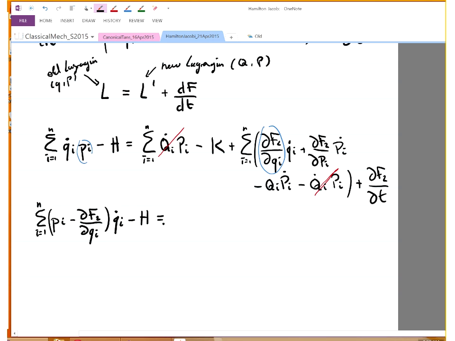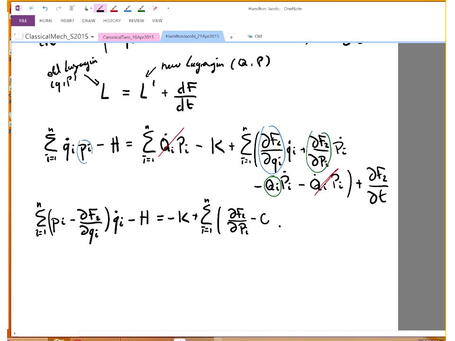And then on the other side of the equation, I'm going to do the same thing, but now I'm going to factor out the terms in Pi dot. So I have my minus K. I'm just going to leave that there as it is. Then I have the sum from i equals 1 to n. So it's plus. Okay, so the Pi dots, I have a ∂f2 by ∂capital Pi, and then the other term in Pi dot, so I have this one, and then I have this one here in green.